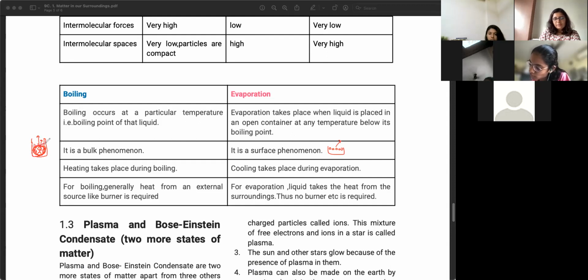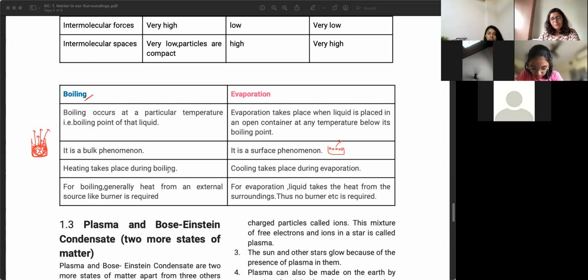So the whole water in the container as a whole, as a bulk, it is capable of converting into gaseous state. So that's why it's a bulk phenomenon. Because then at the end there would be nothing left in the container. Everything would have been replaced. Yeah, like all of it boils together, if you heat it for a certain amount of time, 15-20 minutes, depending on how much water you have.